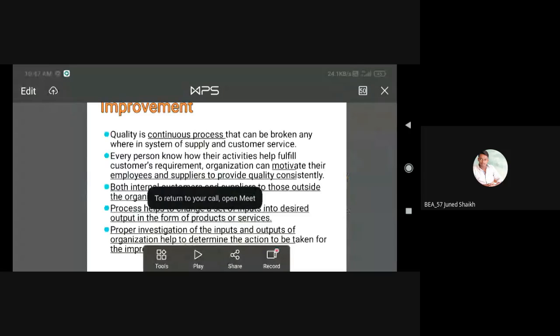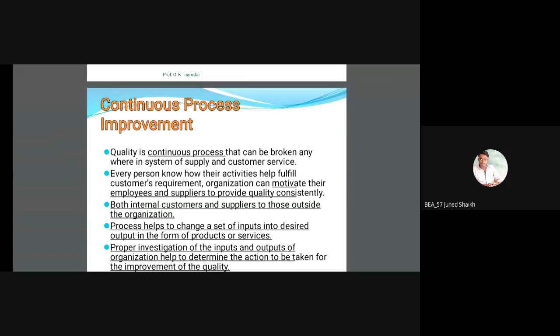Now quality is a continuous process in the system of supply and customer service. For example, if we are in the mobile manufacturing industry and suddenly customers' expectation is for a maximum camera, you have to increase the capacity of the camera.